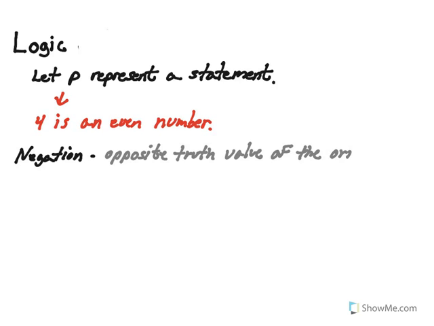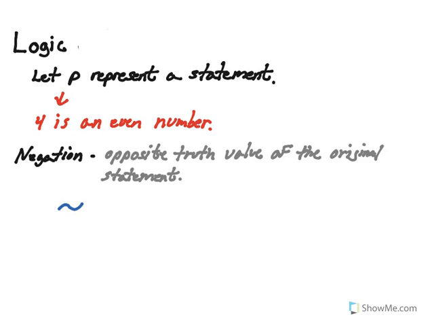Okay, the original statement. So keep in mind, the original statement we have is, 4 is an even number, in red. All right, so I want you to keep that statement in mind, and we're going to negate it. And what does that mean? As additional piece of information, the symbol for negation is basically this tilde.